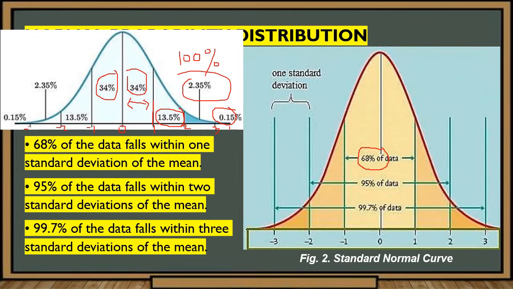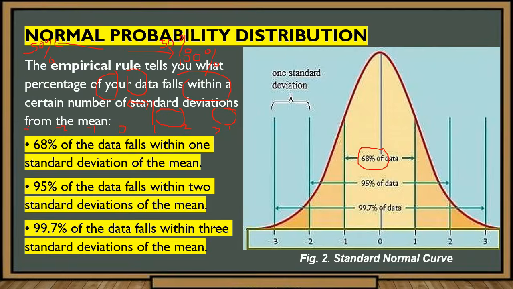And half of this part is equal to 50%, which is to the right of the mean, and also to the left of the mean covers 50%. So that's it. These are the percentages under the normal curve.